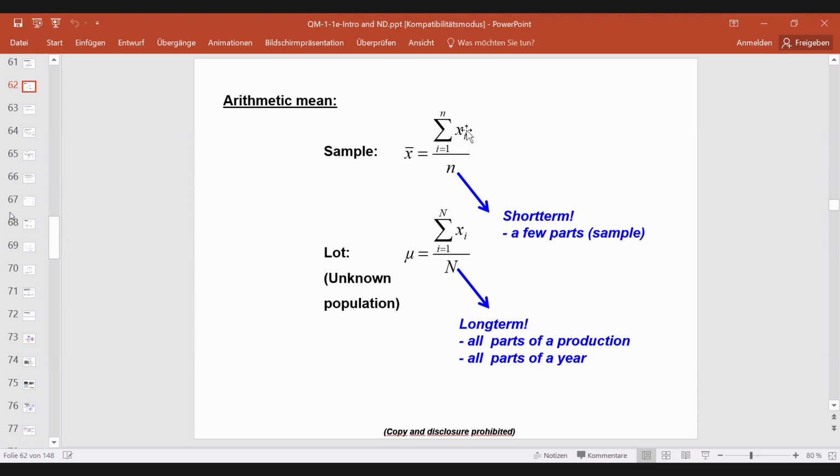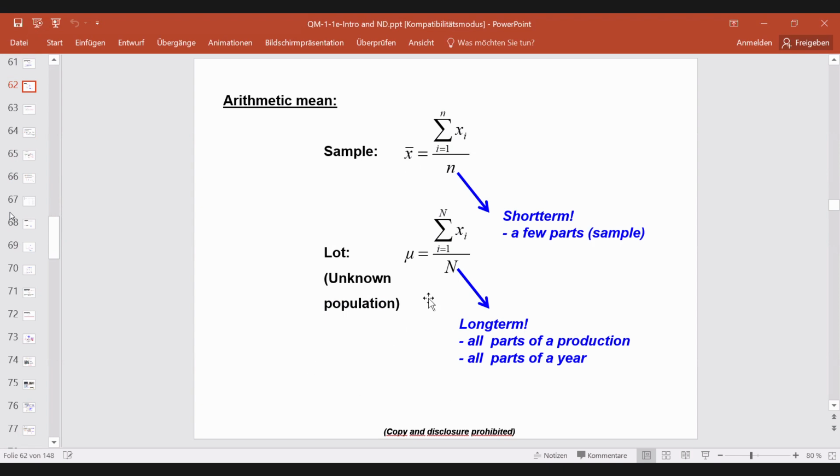Then you measure one quality characteristic, and the mean is defined here. It is the sum of the single measurement values divided by the sample size n. This is only for a sample, and the arithmetic mean is x bar.